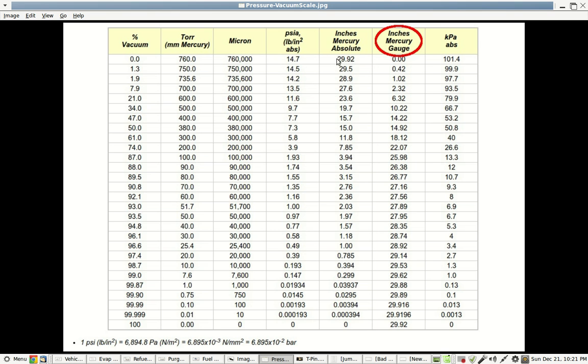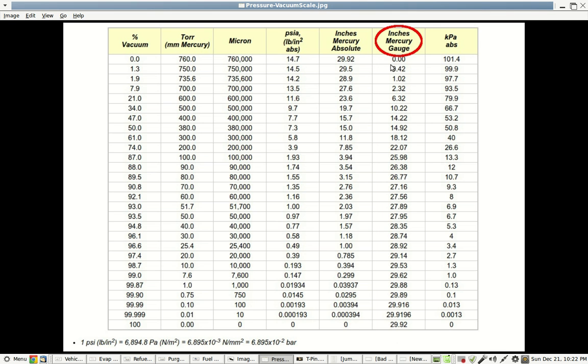Atmospheric pressure at sea level is 14.7 psi. Most gauges mechanics have run from 1 to 15 psi, and then they have that 0 to negative 29.92, or wherever the scale stops.